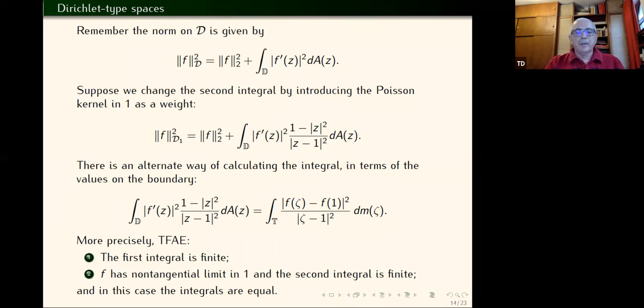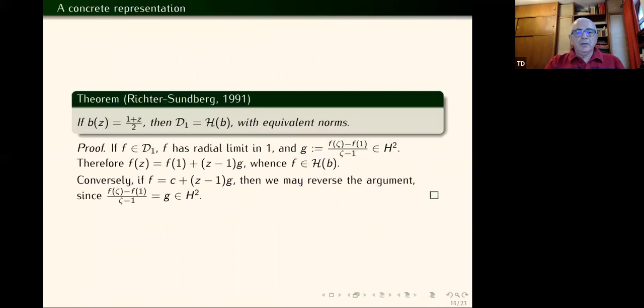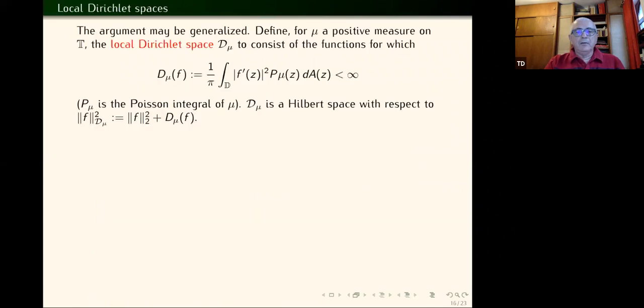Branges-Rovnyak space. And in fact, you can generalize this argument. You take for mu a positive measure on the circle, you define the local Dirichlet space to consist of the functions for which this integral is finite. Here is the Poisson transform of mu.